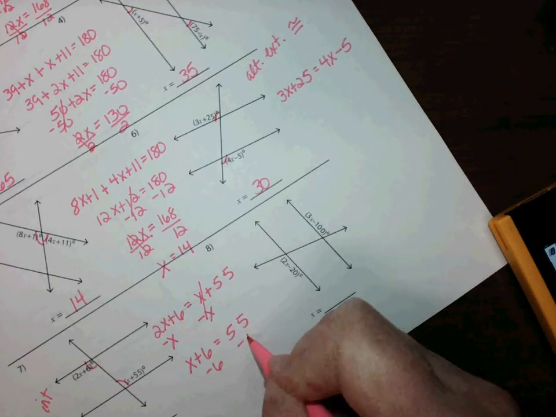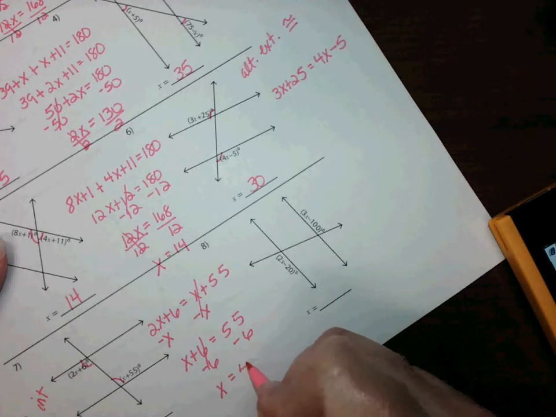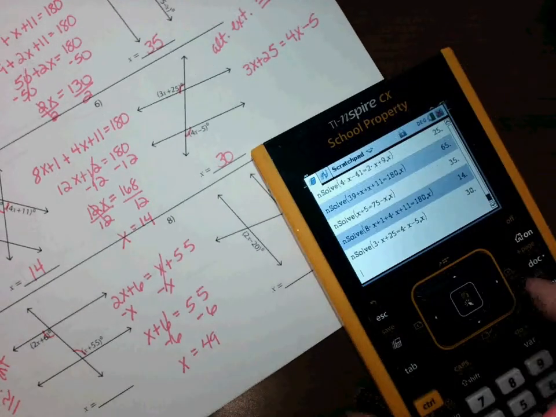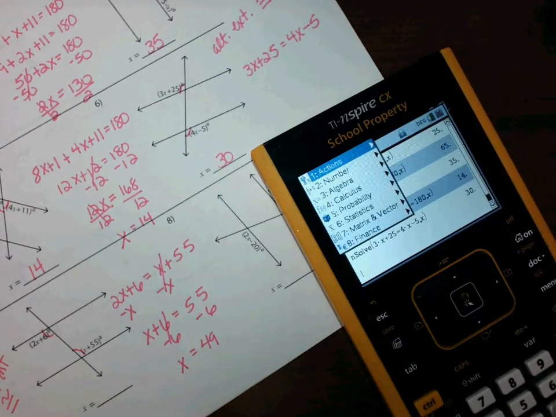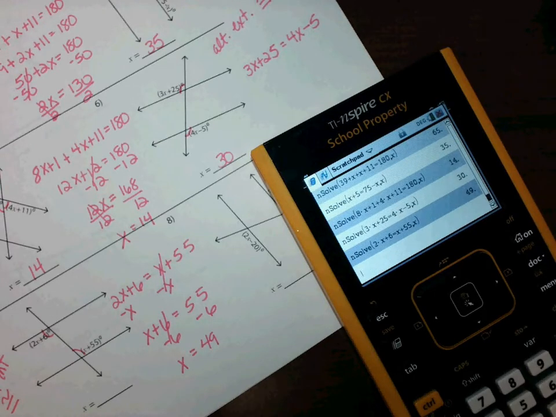Subtract 6. x equals 55 minus 6, which is 49. Let's see, menu 3-1. I get 2x plus 6 equals x plus 55, comma x, 49.